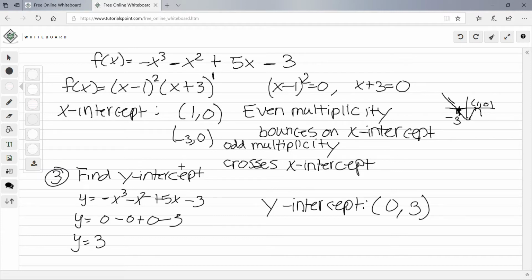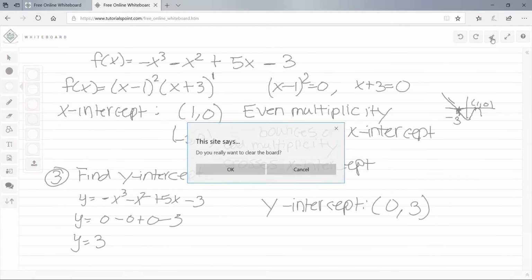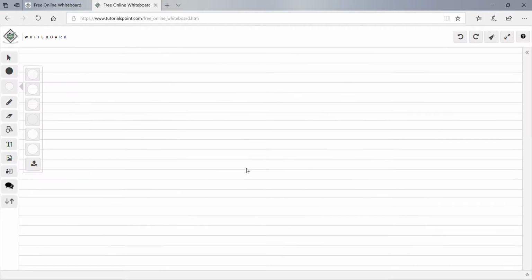So remember, write all of this down because we need this to graph. So now our next step, our final step, is to graph. So I'm going to erase it again.